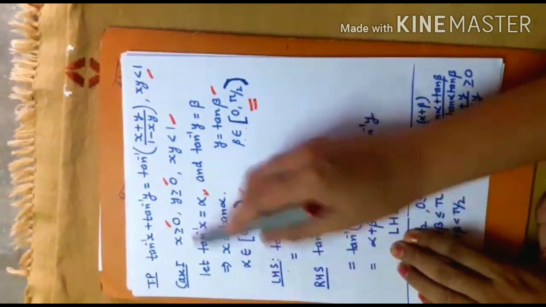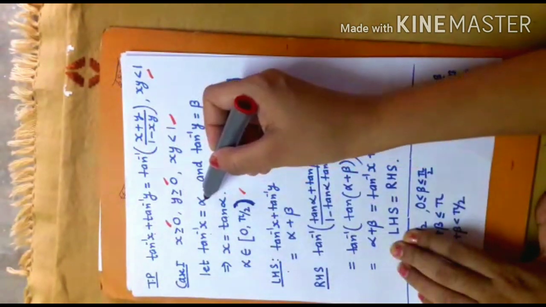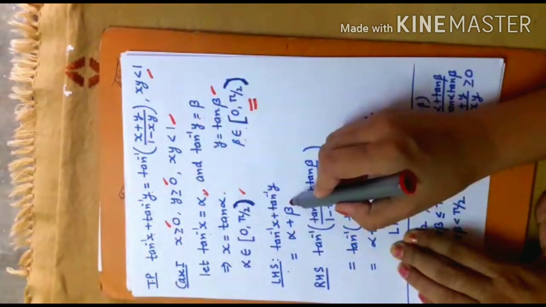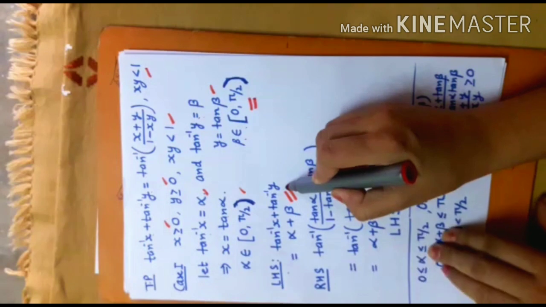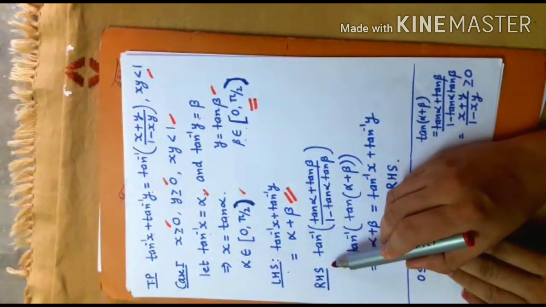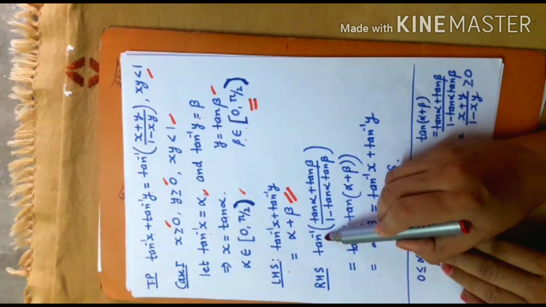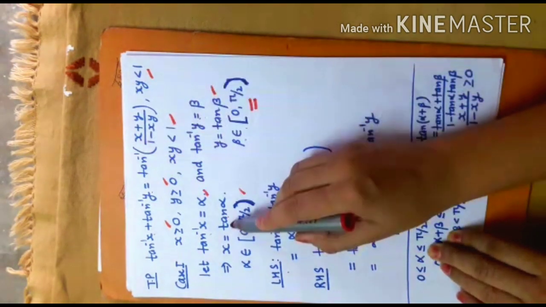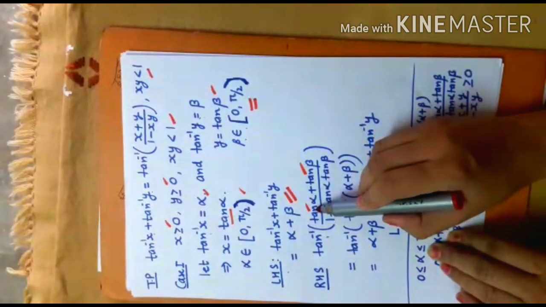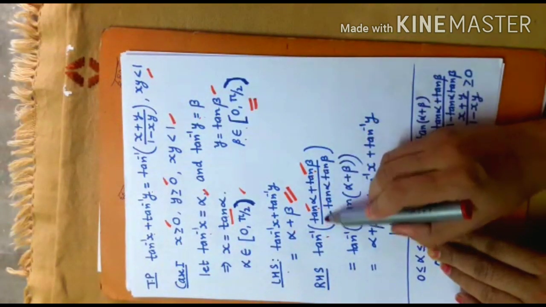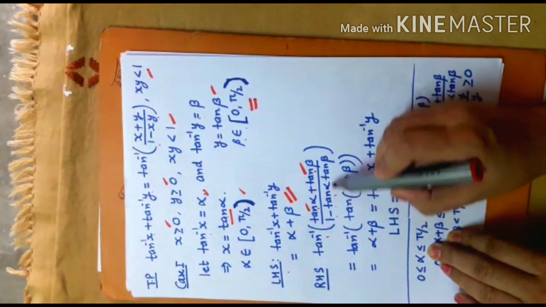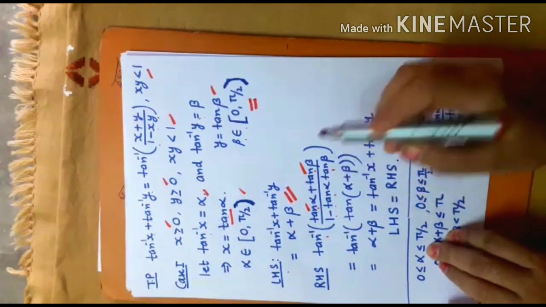Now the left hand side: tan inverse x is your alpha, tan inverse y is your beta. So I'll get here alpha plus beta. Now let's take up the right hand side. Tan inverse of, x is your tan alpha, y is your tan beta. So (tan alpha plus tan beta) over (1 minus xy), which is 1 minus tan alpha tan beta.